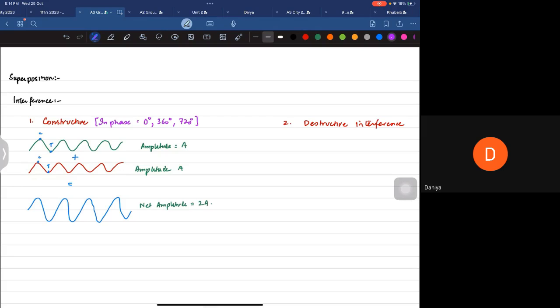Then we have the other situation. The other situation would be that there is a wave that's like that, and basically the wave that looks like this now.